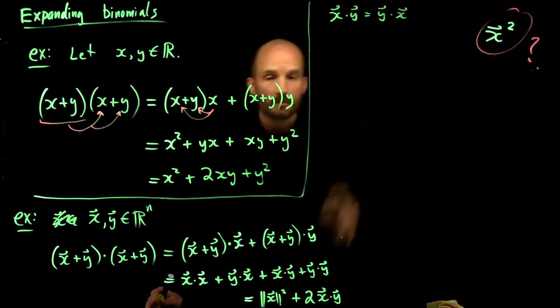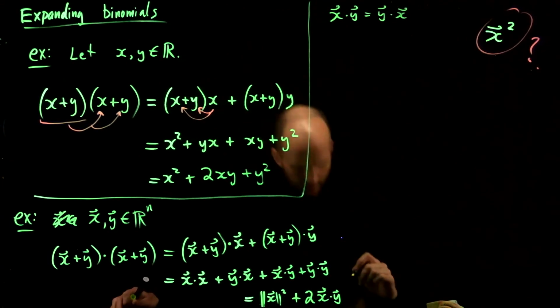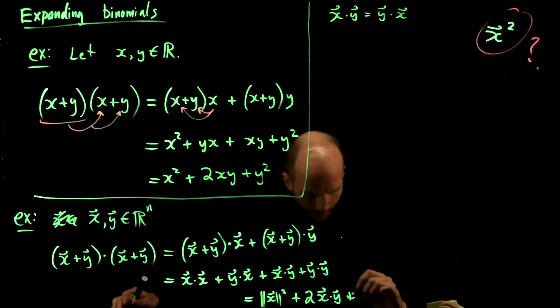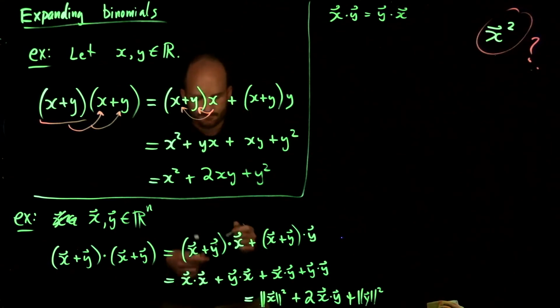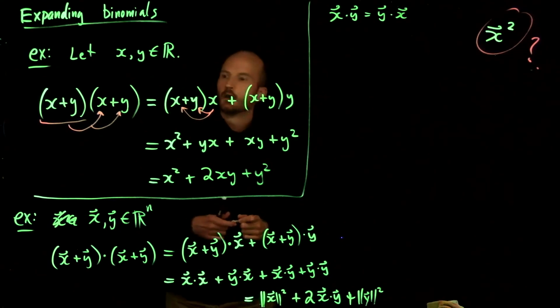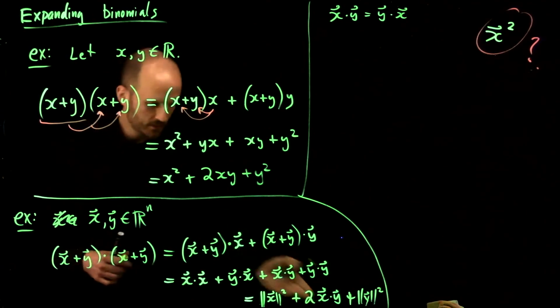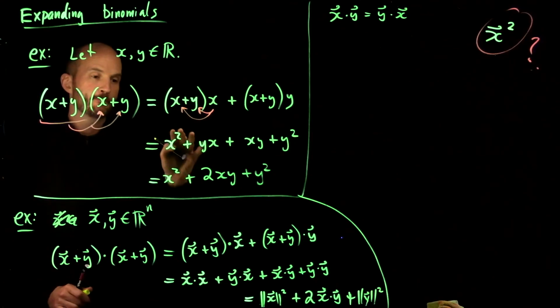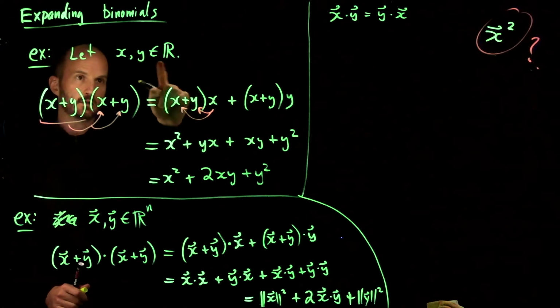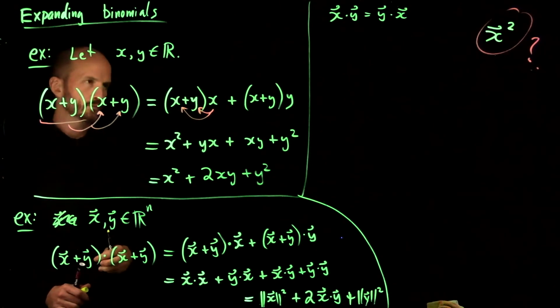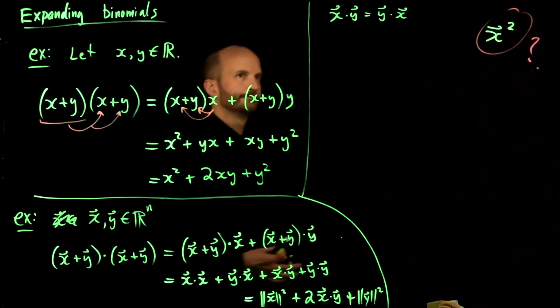That is true for the dot product. And then finally we have the y dot y, giving us this. So in the end, we do have something that resembles what happened in the high school case.